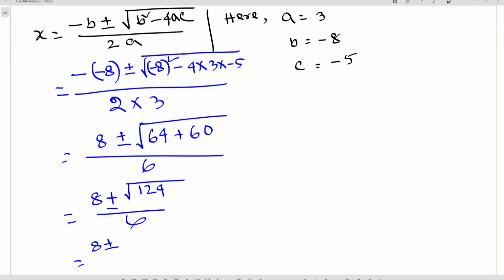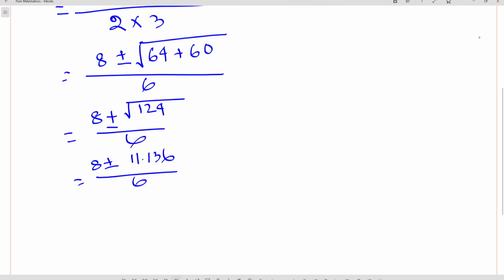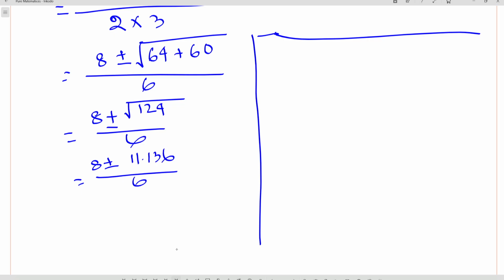Root over 124 becomes 11.136, divided by 6. So here are two things, one plus, another one minus. If positive, then x equals 8 plus 11.136 divided by 6.